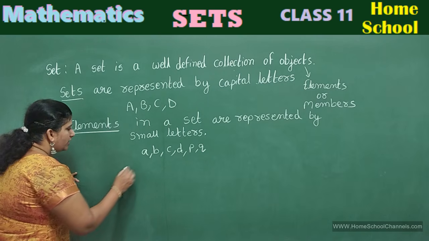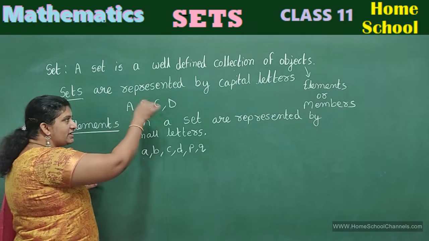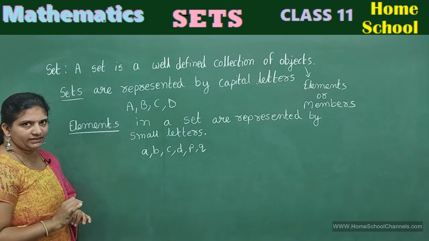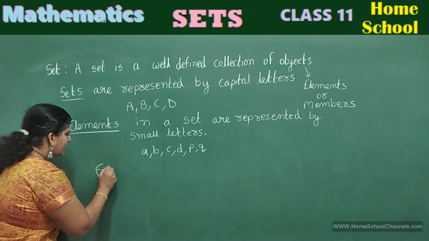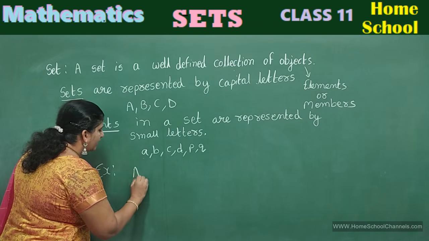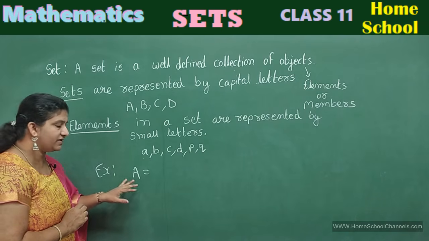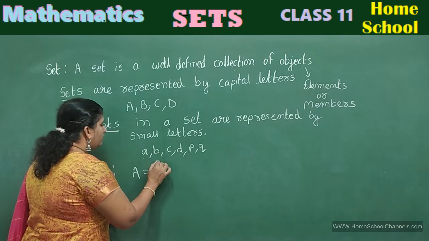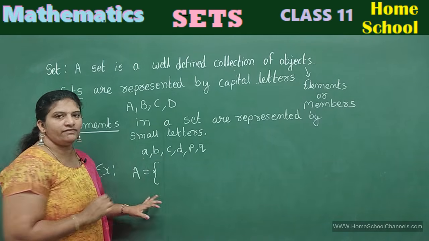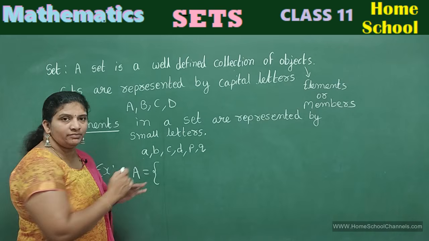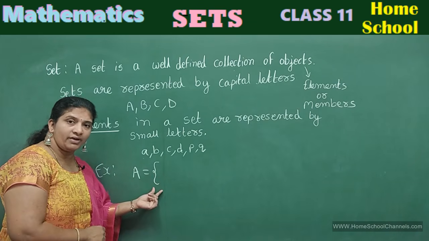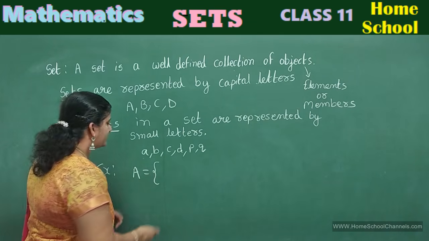Suppose these elements belong to a particular set. Let me take an example here. If I take A is equal to, A is a set, so we represent it with a capital letter. Elements we always represent in flower brackets. This is a curly bracket or flower bracket, you can say.